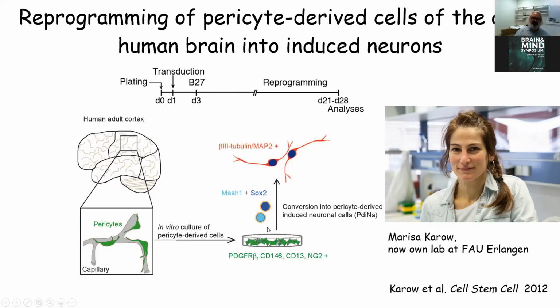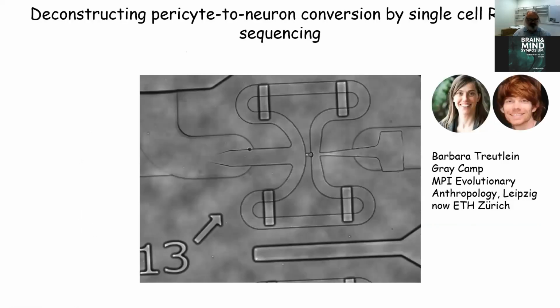So what Marisa found was that when she overexpressed ASCL1 or MESH1 together with SOX2, she very efficiently got conversion of these cells into neuron-like cells.